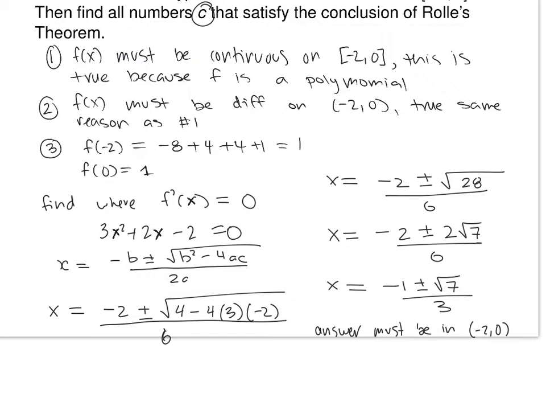Positive. So will that be within this interval? Not from negative 2 to 0, because negative 1 plus root 7 is going to be positive. A positive over a positive 3 makes a positive. A positive's outside that interval from negative 2 to 0. So the only answer is negative 1 minus root 7 over 3.